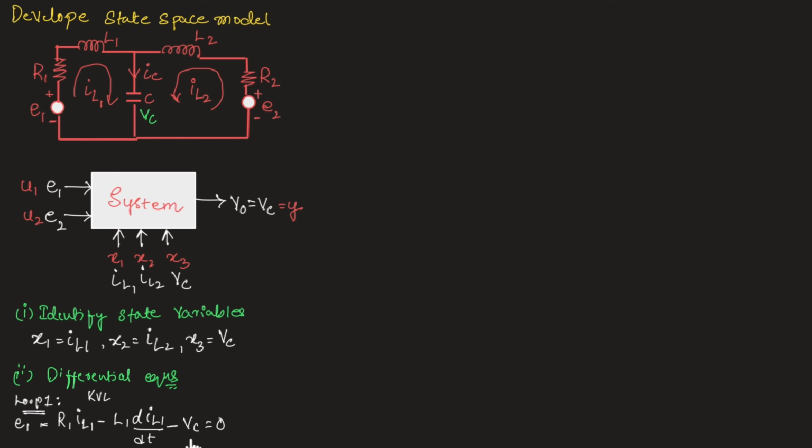From this differential equation, let us write the expression for dIL1 by dt. So that is the differentiation of IL1. So we can write dIL1 divided by dt is equal to E1 divided by L1 minus R1 IL1 divided by L1 minus Vc divided by L1.